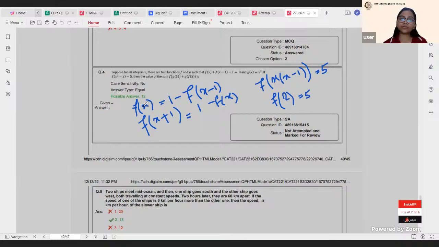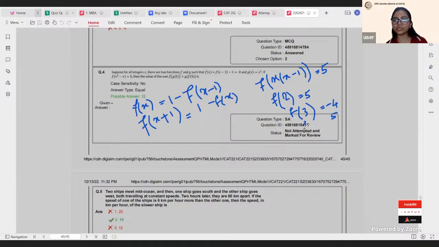If we want to find f of 5, that will be 1 minus 5, so it will be minus 4. So that will be minus 4. If we go ahead with f of 4, then it will be again 1 minus minus 4, which is again 5.